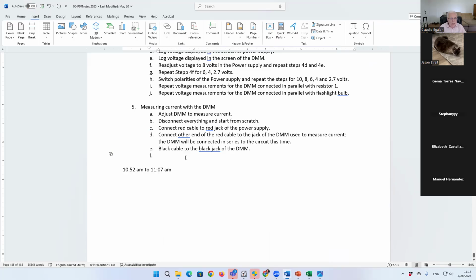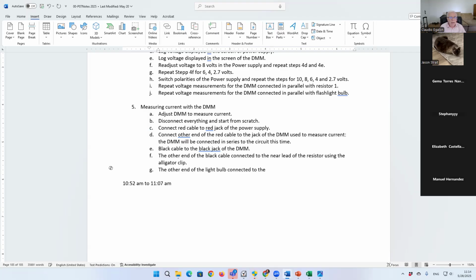The other end of the black cable is connected to the near lead of the resistor using the alligator clip, and the other end of the light bulb is connected to the black jack of the power supply.